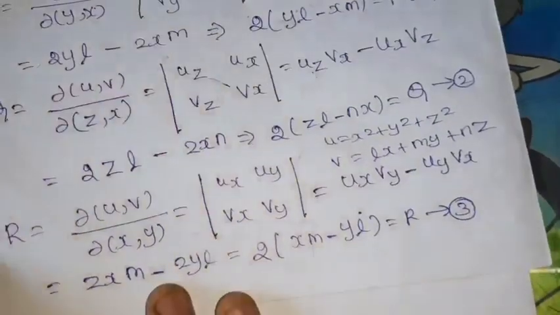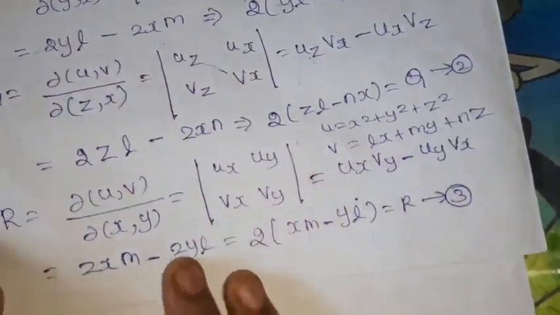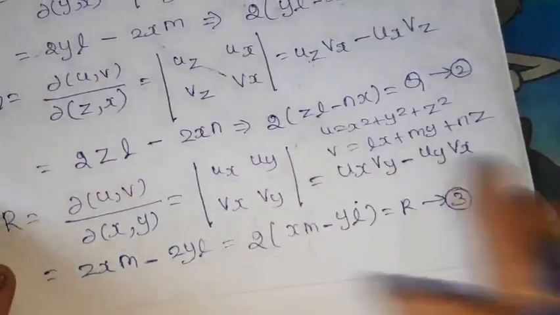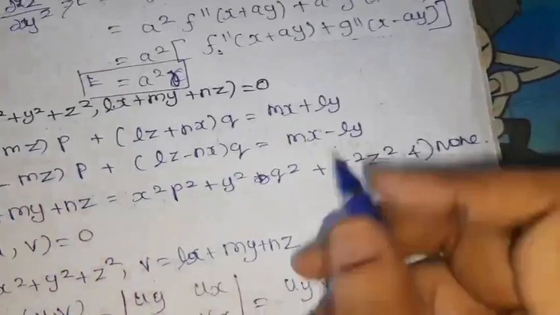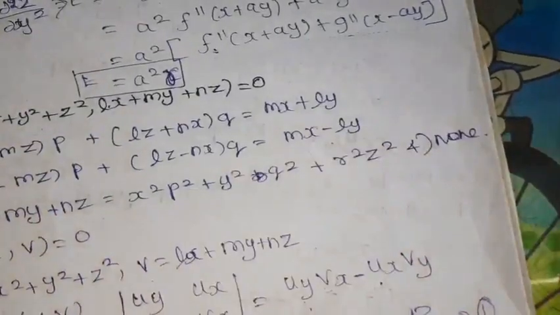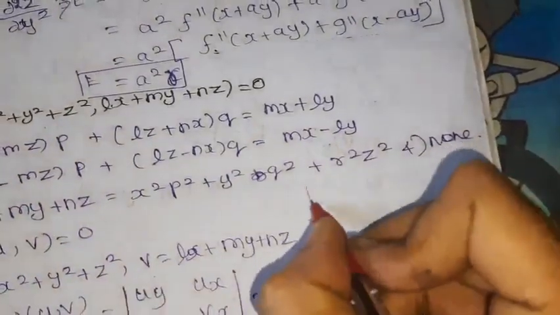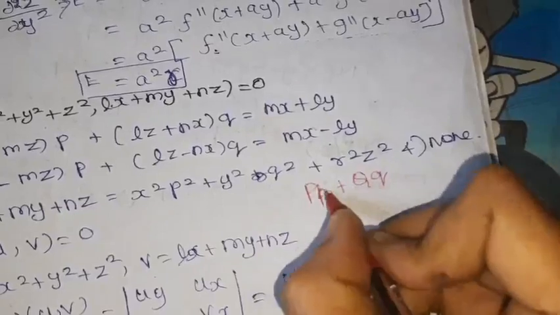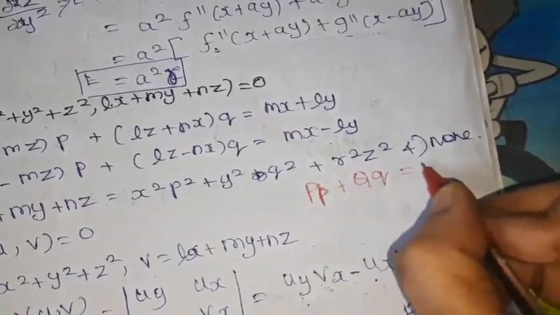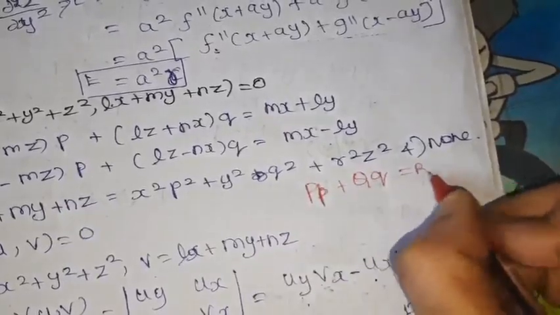By Lagrange's equation we can write it as Pp plus Qq equal to R. What is that? I am writing here, or I will use some different pen. See, Pp plus Qq equal to R. So what is P here?